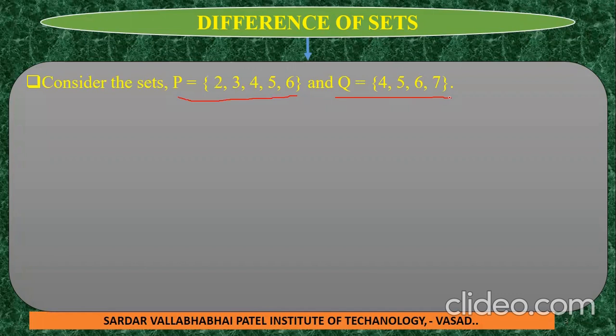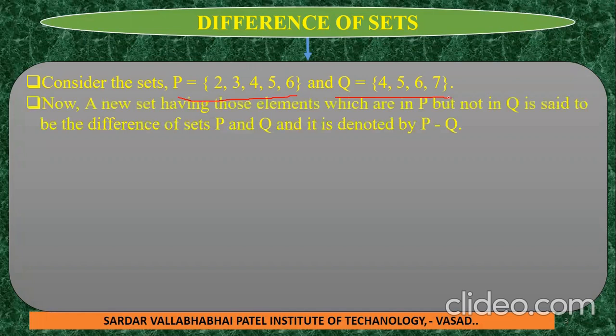What is the meaning of the difference of two sets? A new set having those elements which are in P but not in Q is said to be the difference between P and Q. It is denoted by the symbol P minus Q, because we know that the difference symbol is the minus.